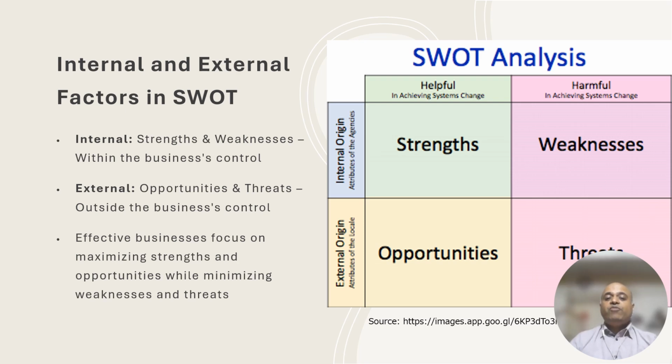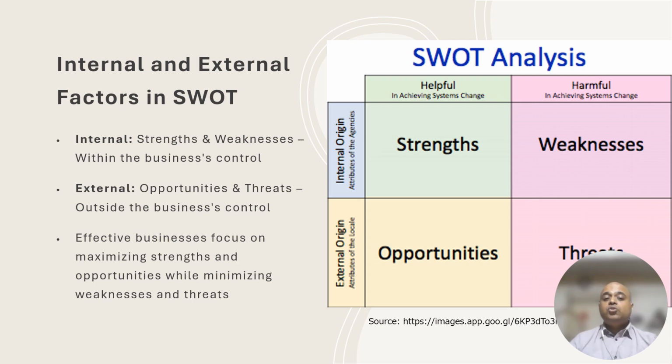Opportunities are favorable conditions a business can take advantage of, like new trends, emerging markets, or changes in government policies. Threats are challenges a business must be prepared for, like increasing competition, economic downturns, or changes in customer preferences.